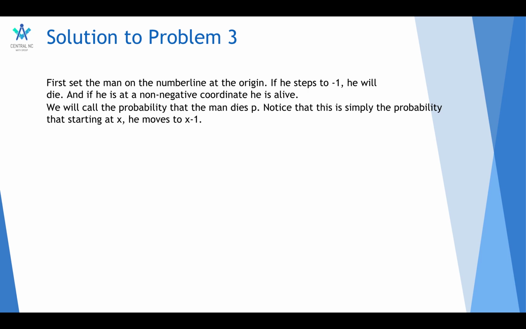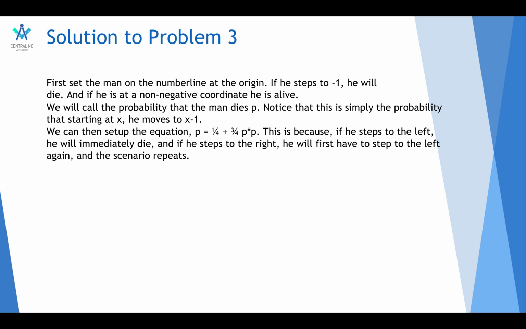And note that p is not just the probability that the man goes from 0 to -1 eventually. It's also the probability that if the man were to start at, say, 2 instead, he'd eventually end up at 1, or if he were to start at 3 instead, he would eventually end up at 2. So it's the probability that if he starts at x, he'll eventually get to x minus 1.